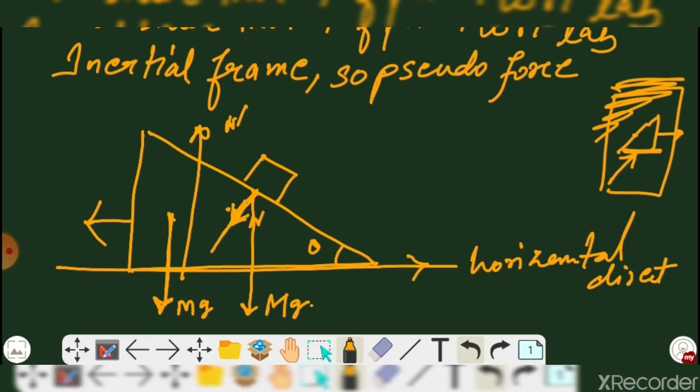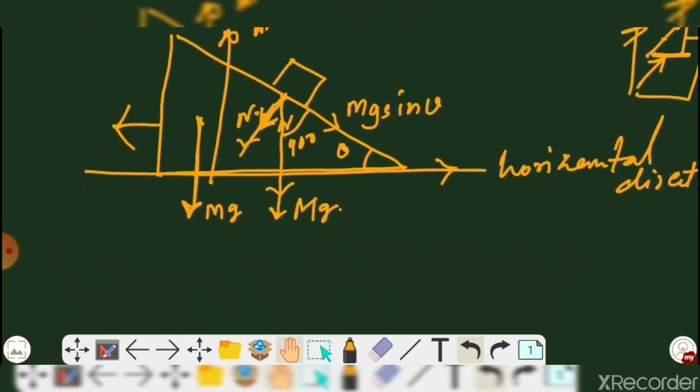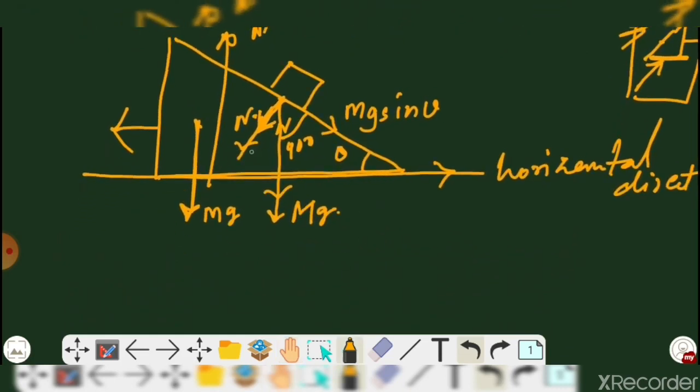Now we will resolve the components. Here it is 90 minus theta, so it will be mg sin theta, and this will be mg cos theta.